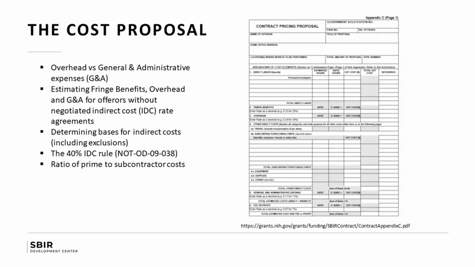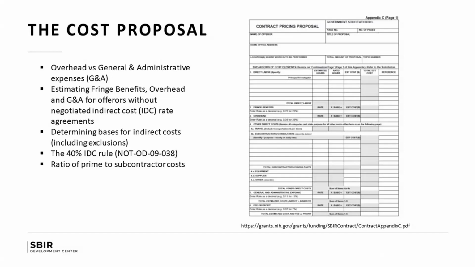If you look on the Appendix C, you will see in the middle, the third column actually, a grayed out field that says basis, and that is what I'm talking about when I'm talking about determining basis. And sometimes there are exclusions that apply.